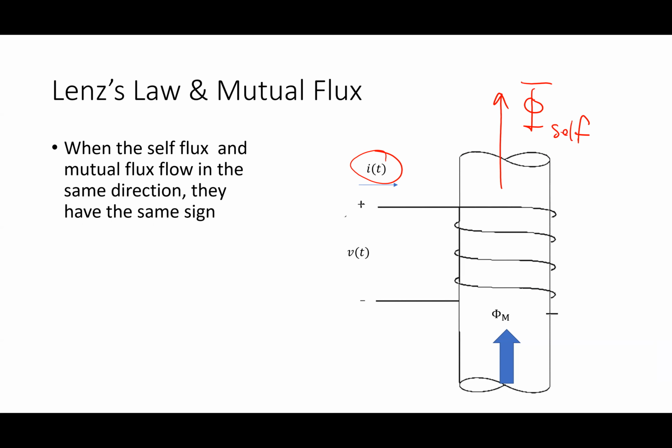If I asked what's the total flux going through this, it would be phi equal to phi self plus phi m. It just adds up whenever the current into the coil produces flux in the same direction as phi m. That's the way I typically think through this stuff, and I just forget the whole Lenz's law thing. We're going to look at some examples of how we use that.